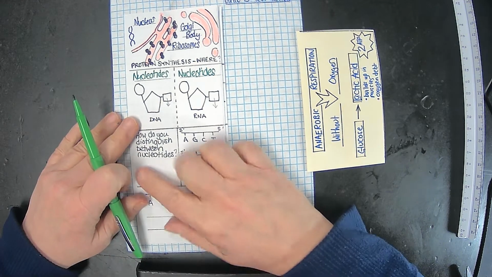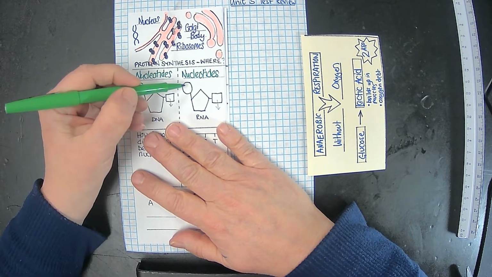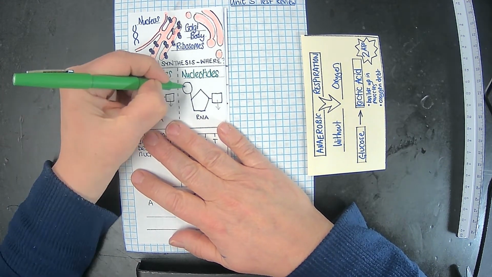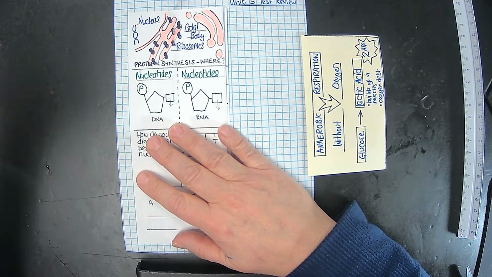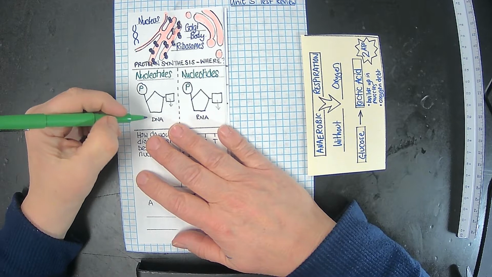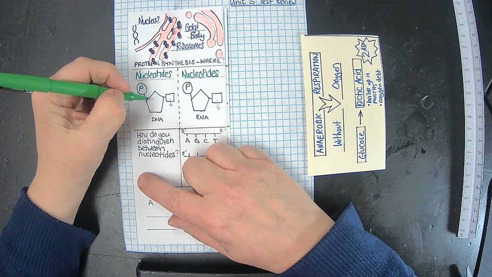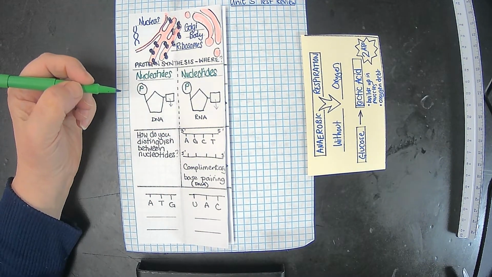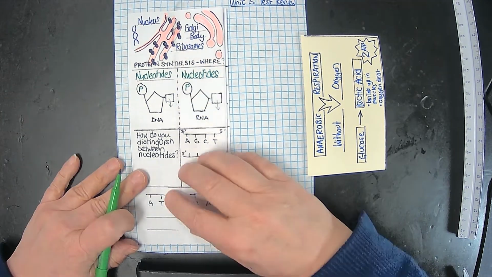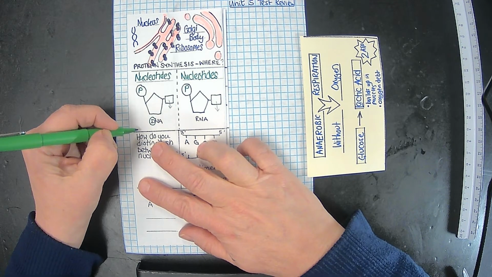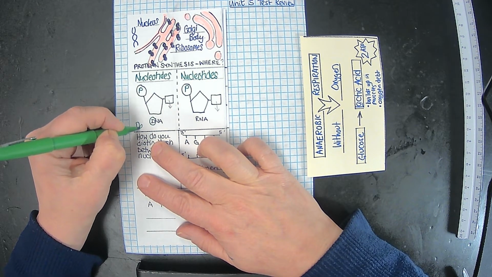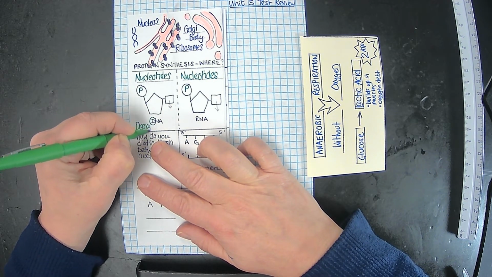So both of them have a phosphate, the P part, and they both have a sugar. The sugar in DNA is why DNA is called DNA. The sugar is deoxyribose.